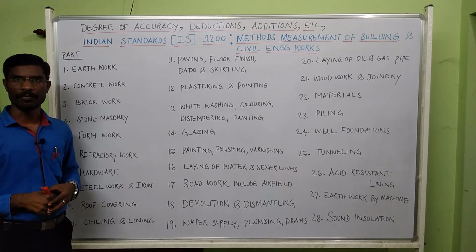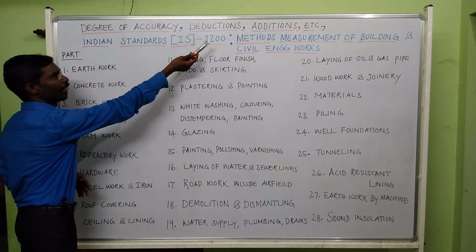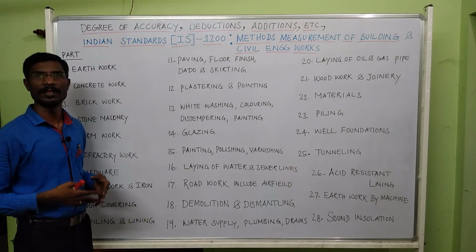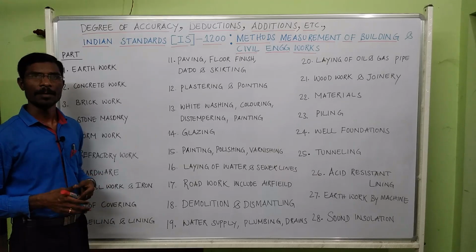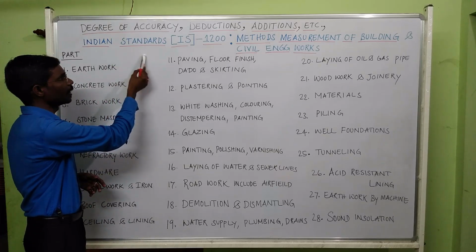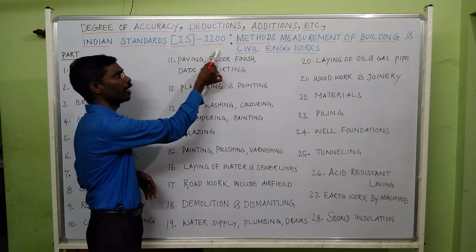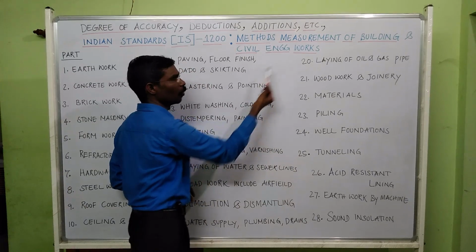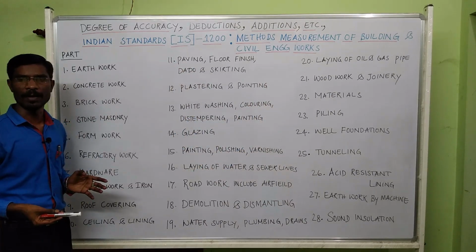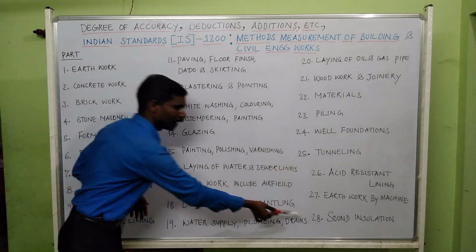The last topic of this video is degree of accuracy, deductions, addition, etc., based on the Indian standard. You refer to the Indian standard IS 1200, methods of measurement of building and civil engineering works. You will refer to the different parts of IS 1200 from 1 to 28.